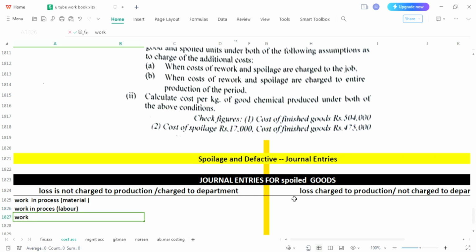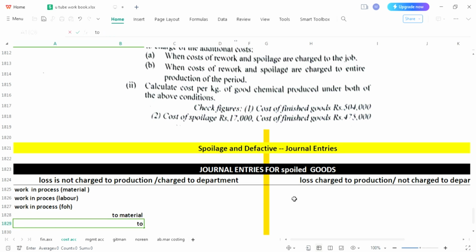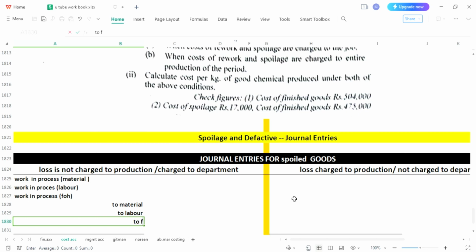Third would be work in process for FH. Here I would like to request one thing. To understand this question, you will have to spare some time. You should not jump, and you will have to hear it with coolness and calmness. So the request is: spare your time and hear everything carefully. To material, to labor, and to FH is as similar as it was in previous questions.